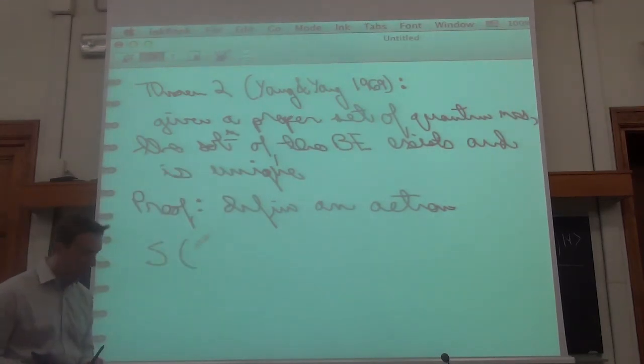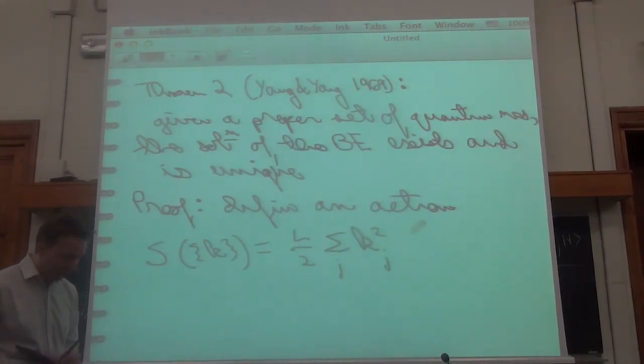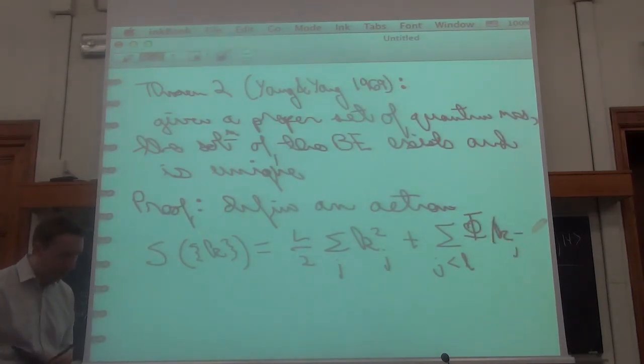S of the set of k's is equal to L over 2 summation over j of kj squared, okay, plus summation over j less than l of a big function phi here, which I'll just make it phi of kj minus kl, minus 2 pi i j times kj.